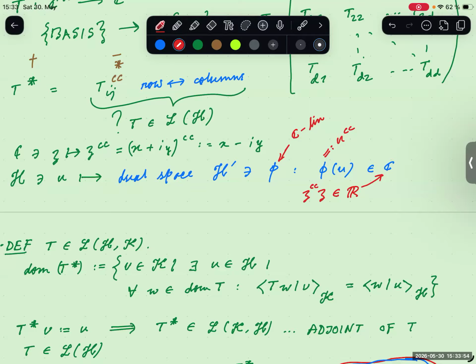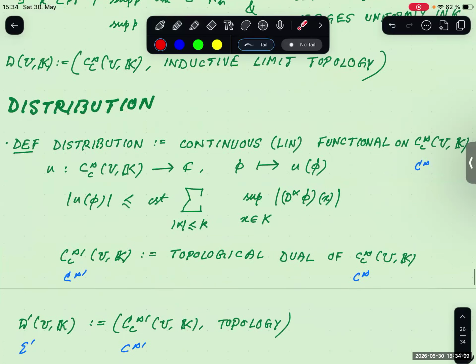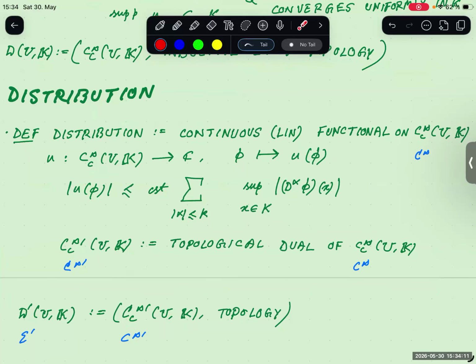And the reason is, in this structure, we don't have anything which makes this operation, right? Remember how this was defined. Let's go back. It was defined by continuity here. So how is it defined? You take an element, and you say that the condition is continuity. And continuity means that this absolute value is bounded by the derivative of your test function. So in the whole process, is there anything which mimics the complex conjugation structure? The answer is no.